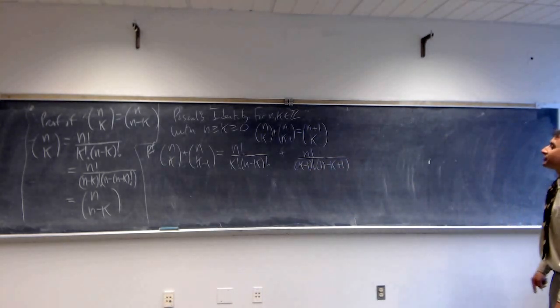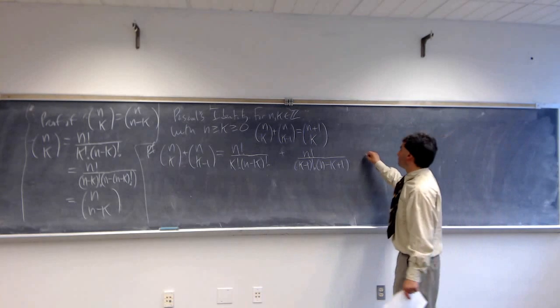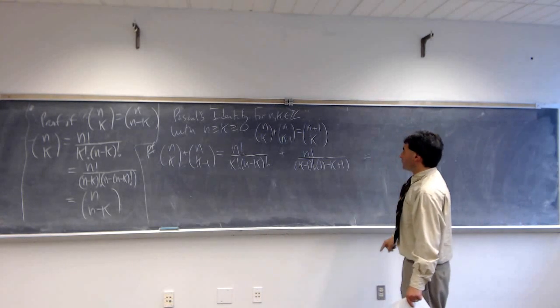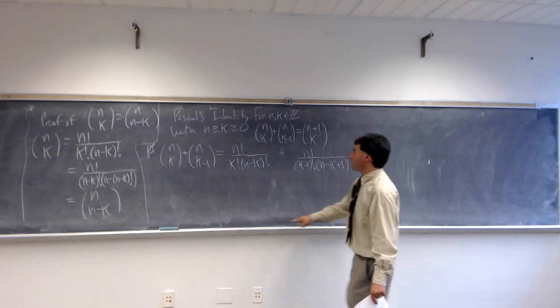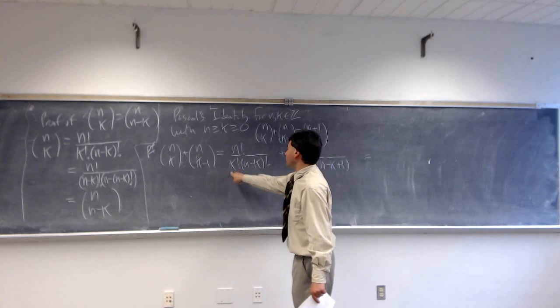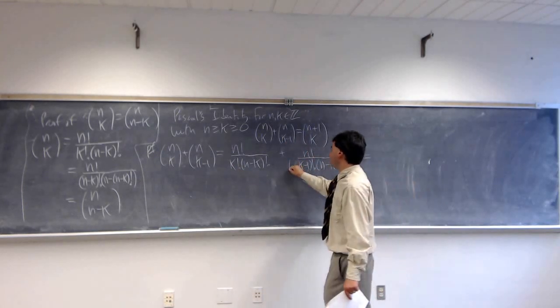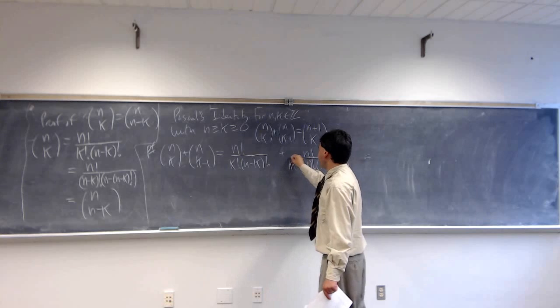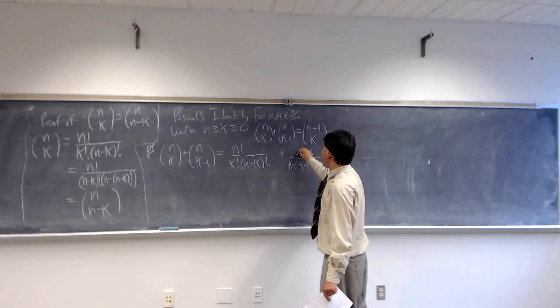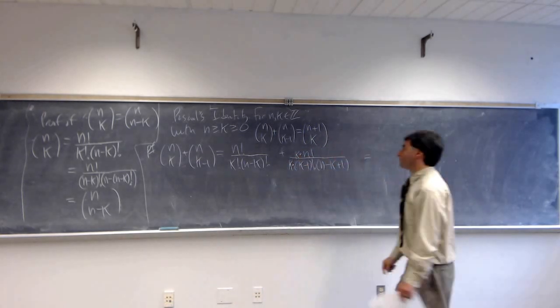And we want to add these, so we need to get a common denominator. What do we have here? We've got all the factors up to k. Here we're missing a k, so we need to multiply this by k, and I do the same over here, multiply that by k.